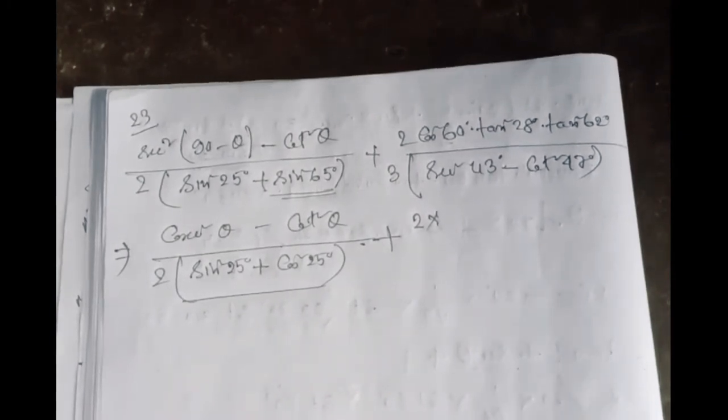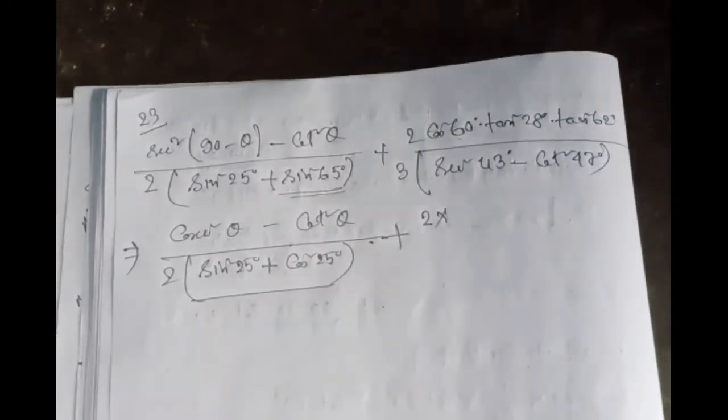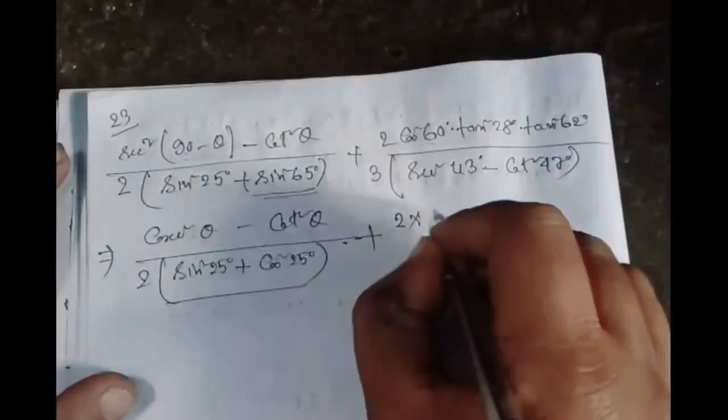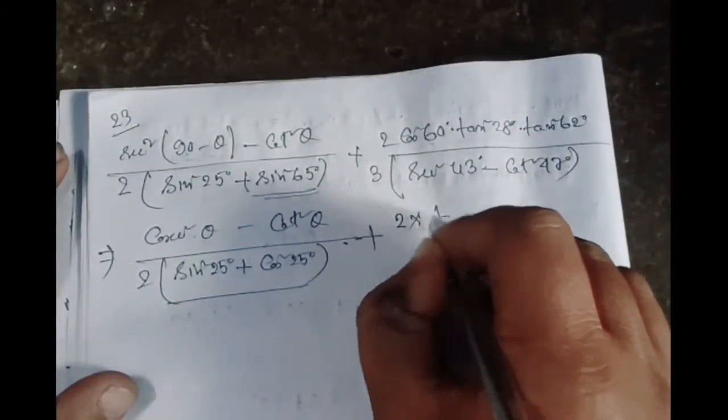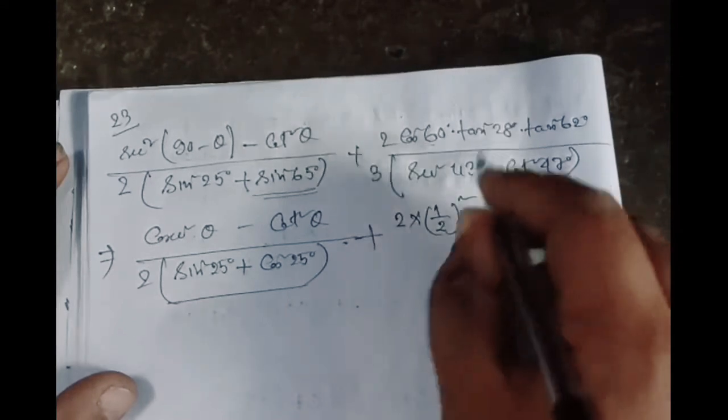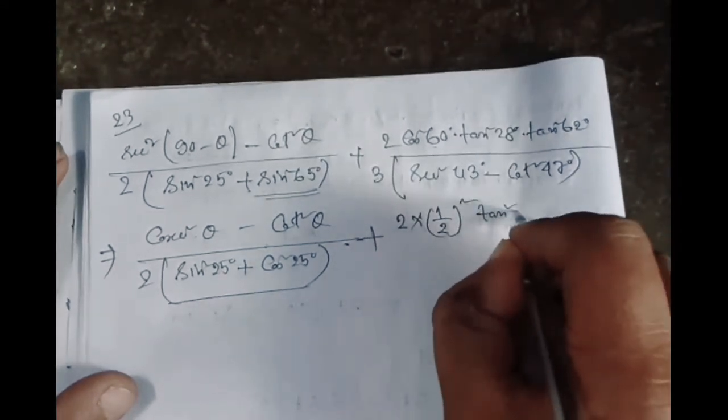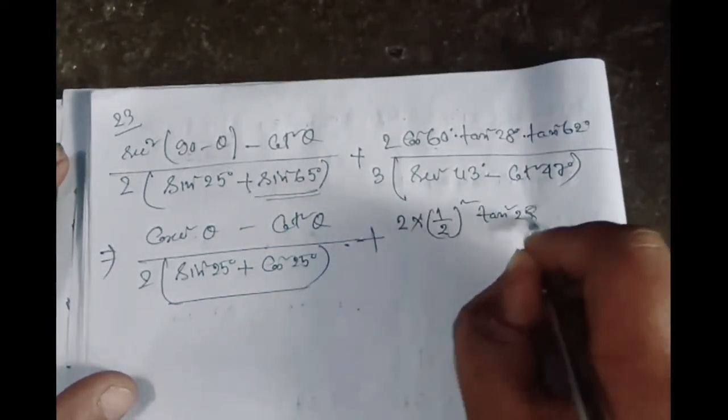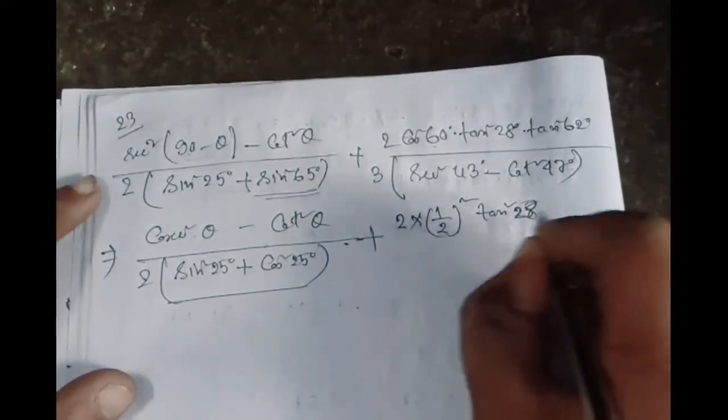Cos 60 degree means 1 by 2. So we are putting the values, 1 by 2 square, tan square 28 degree.